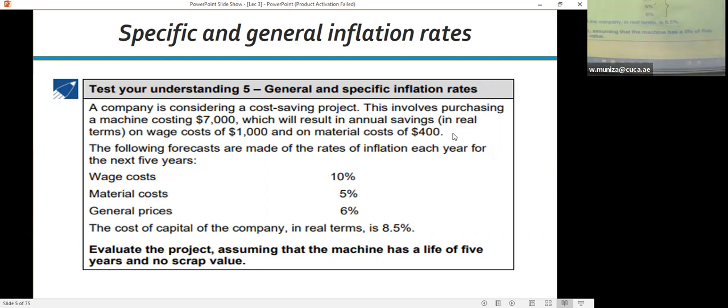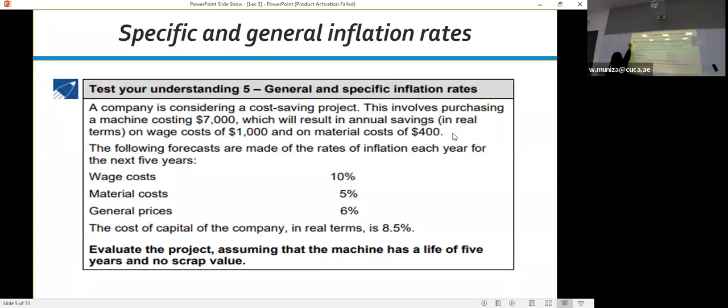On the top, please mention 0, 1, 2, 3, 4, 5. This is the life of the project. Downside, please mention the things. Initial investment is there. How much is it? 7,000.